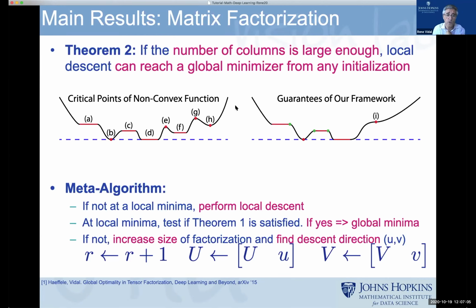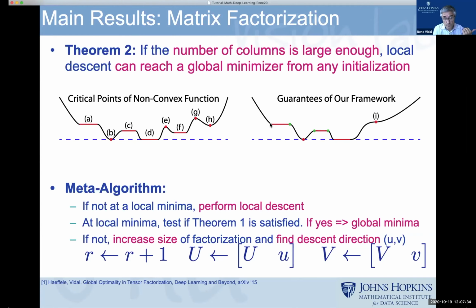So how would you, starting from any initialization, reach a global minimum? Well, the way you would do it is as follows. Suppose you begin here. And you are optimizing now, say, with 2 neurons for the sake of argument. And you optimize over the weights of those 2 neurons, and you do your local descent strategy, and you keep going down. And eventually you get to a critical point and you stop.